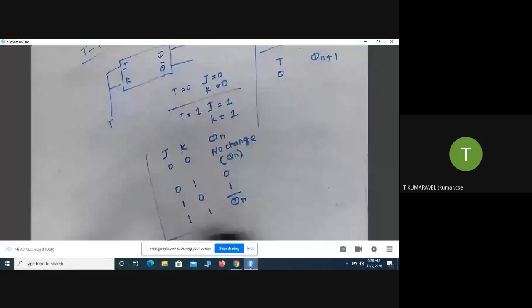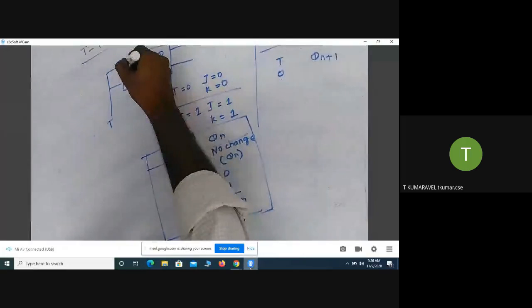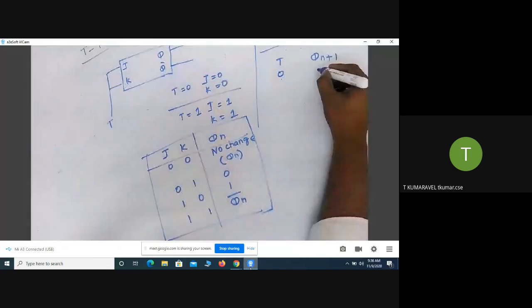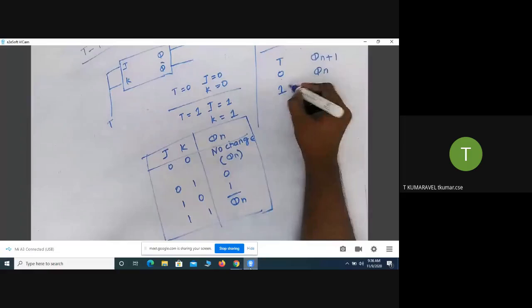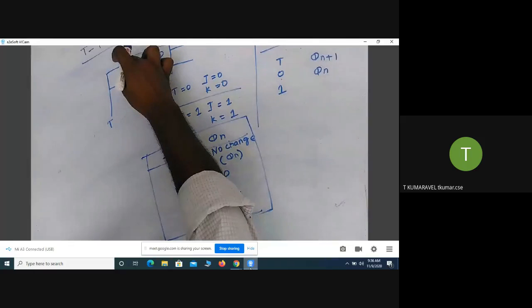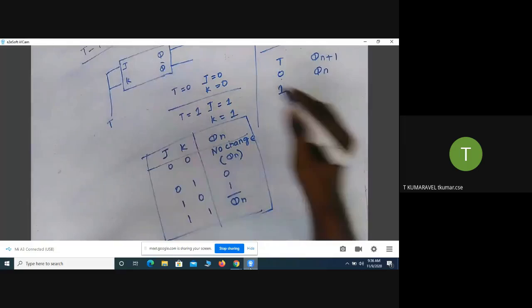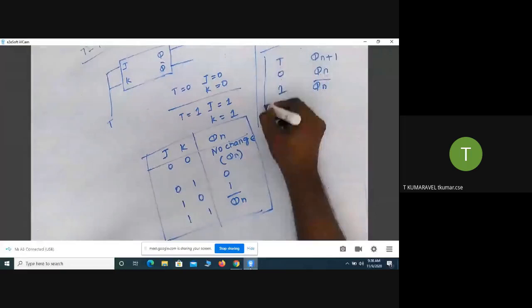T value equal to 0 means J equals 0, K equals 0. What is the behavior? No change, so it will retain the previous state. The next, T equal to 1, means J equals 1, K equals 1. The behavior is complement. This is the truth table for the T flip-flop.